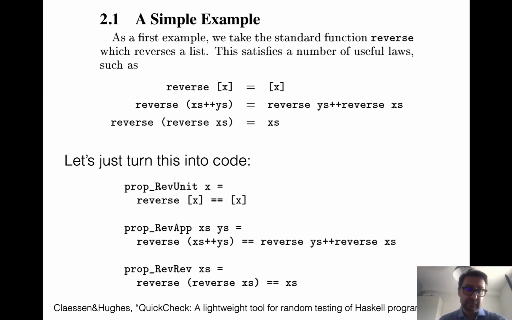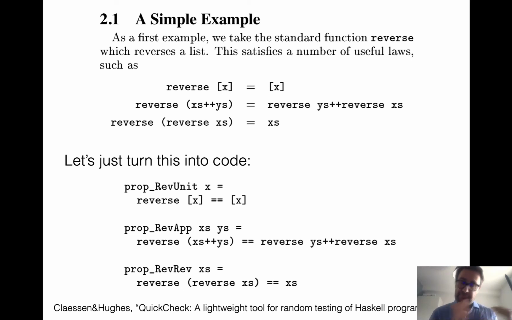The second one, now since we have xs and ys in the law, in the second law from above, we also need two arguments to the property. So the property will now take the two actual lists, xs and ys, as arguments, and then it will actually do what's in the law, and it will check that the result is the same thing.